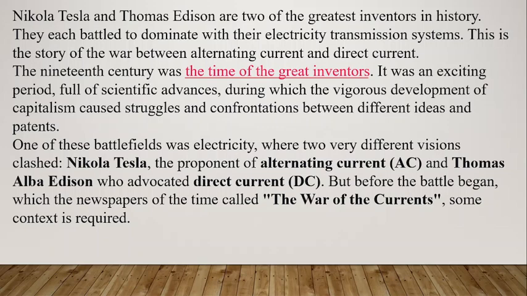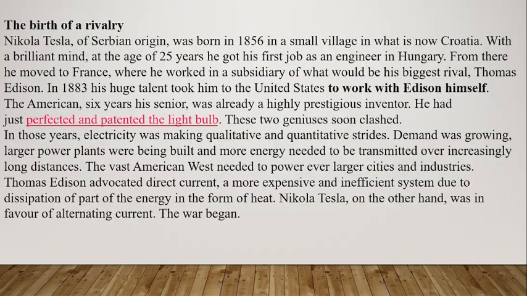Some context is required: the birth of a rivalry. Nikola Tesla, of Serbian origin, was born in 1856 in a small village in what is now Croatia. With a brilliant mind, at the age of 25 he got his first job as an engineer in Hungary.